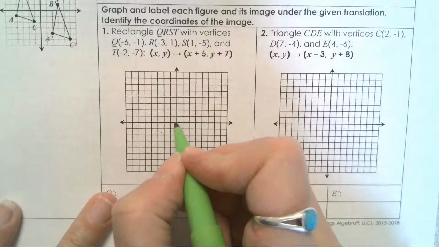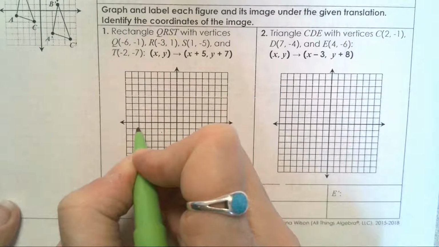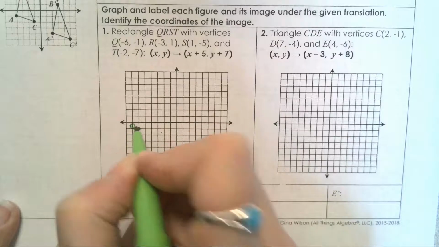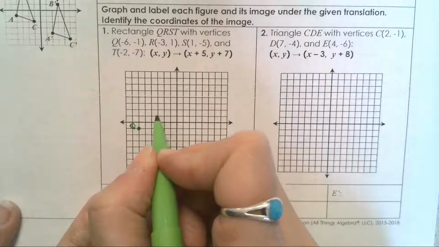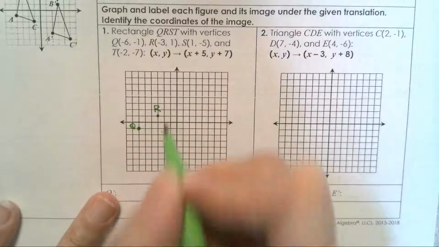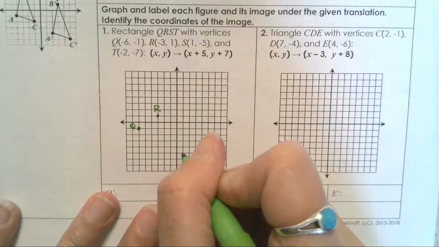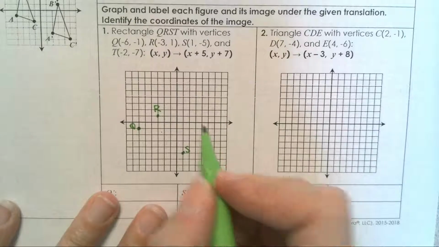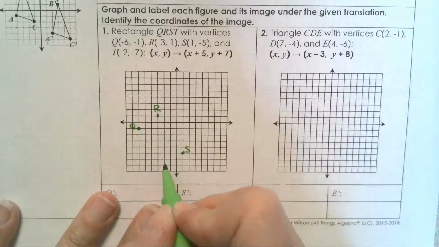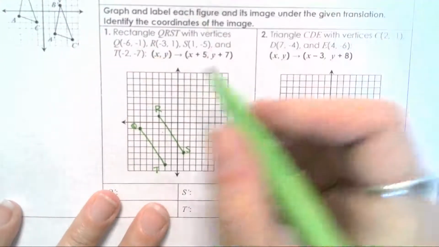So -6, -1 is here, and we're going to label that as Q. -3, 1 is R. 1, -5 is S. And then -2, -7 is T. And I'm going to go ahead and connect those to form our rectangle.